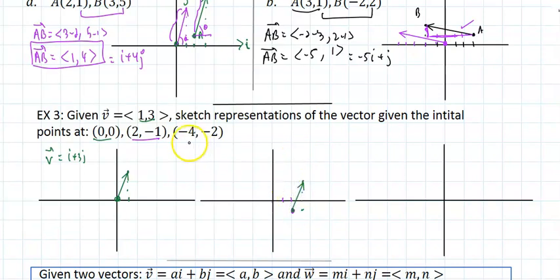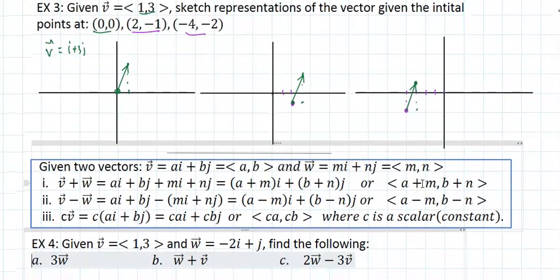And what if I wanted to start this at negative 4, negative 2? It doesn't matter. Still, I'm going to move 1 to the right and 3 up. And there it is.